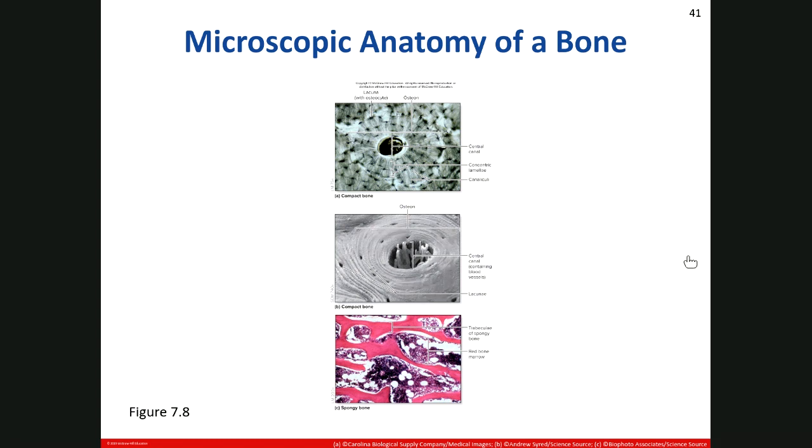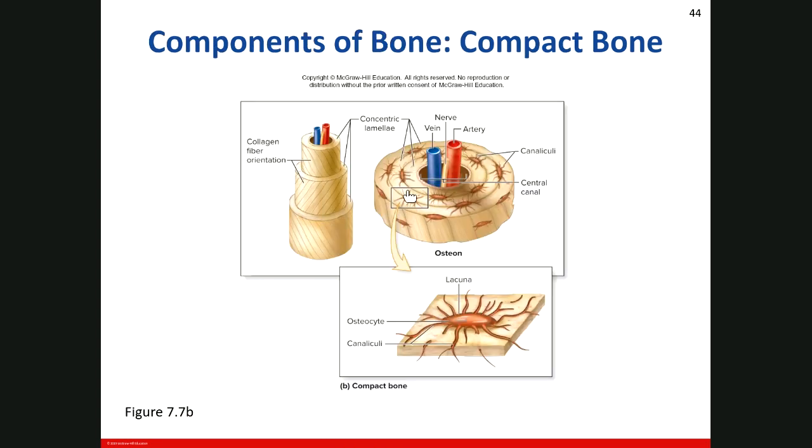The other part which we have in the bone is called the osteocyte. These cells are called osteocytes, and I have a picture of an osteocyte here. Look at this picture. Here you can see the osteon or Haversian system. You can see the central canal, the blood vessels and nerves, and the concentric lamellae around the central canal.